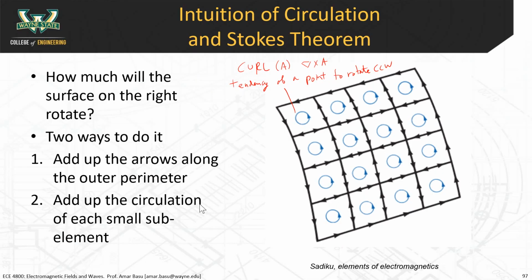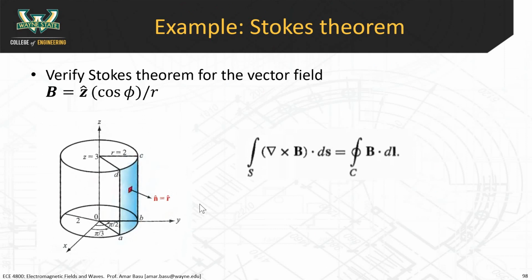All right. Great. So let's do an example. Verify the Stokes theorem for the vector field B equals Z cosine of phi divided by R. This is an example that was in our textbook, and this is just giving you Stokes theorem.